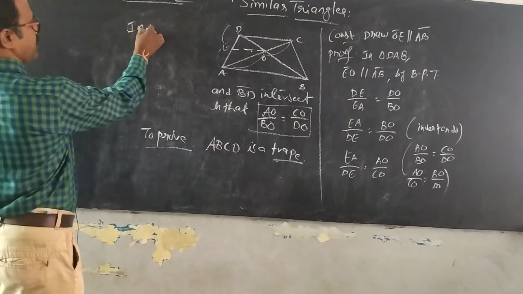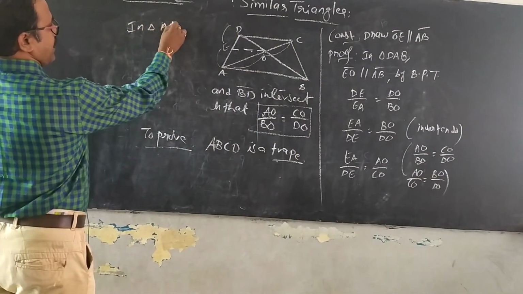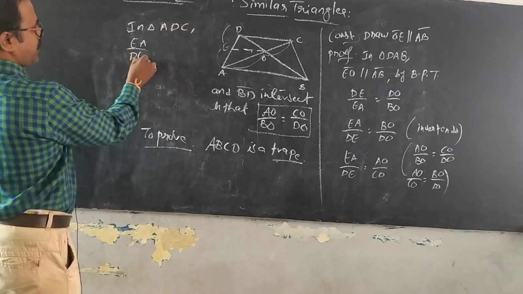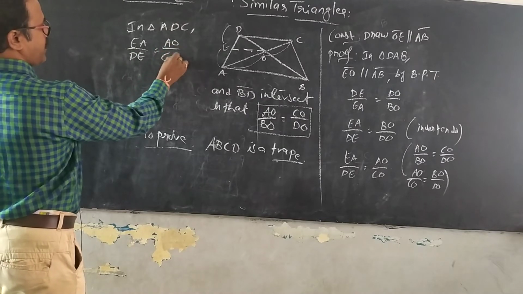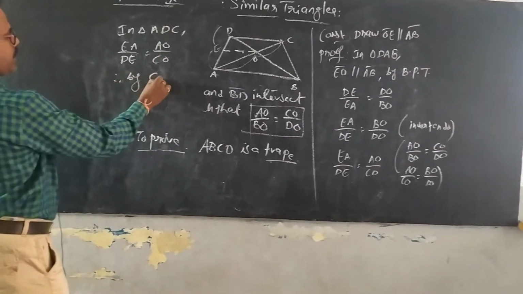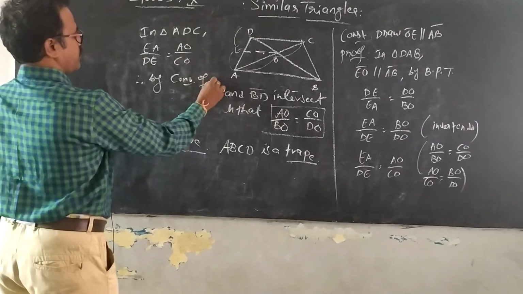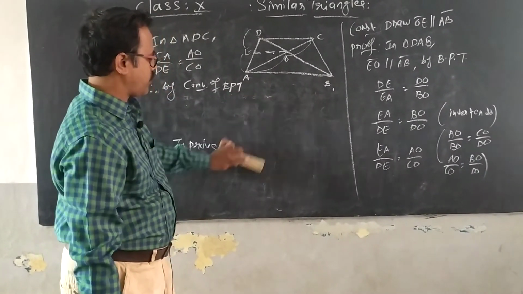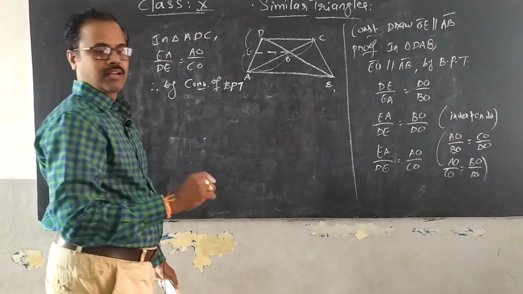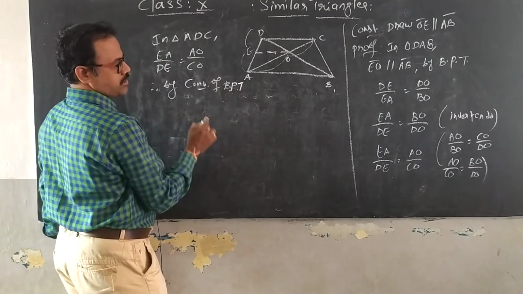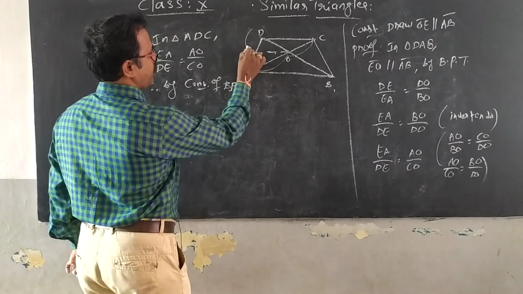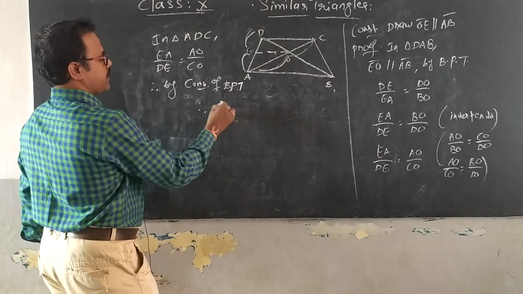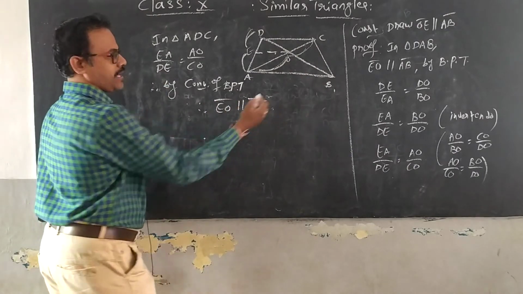In triangle ADC, EA by DE is equal to AO by CO. Therefore, by converse of BPT, what does the converse tell to us? If the ratios are equal, then the lines are parallel. So you can say that these two lines are parallel. Therefore, EO line segment is parallel to DC line segment.